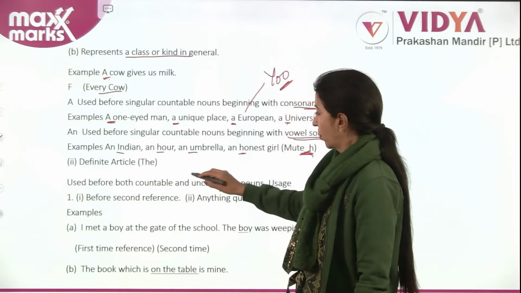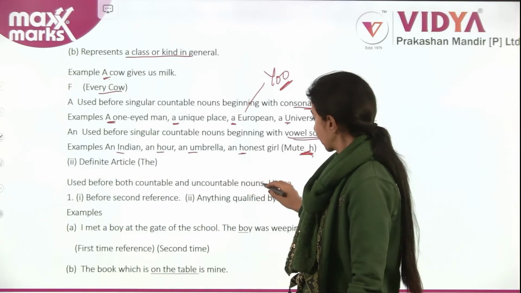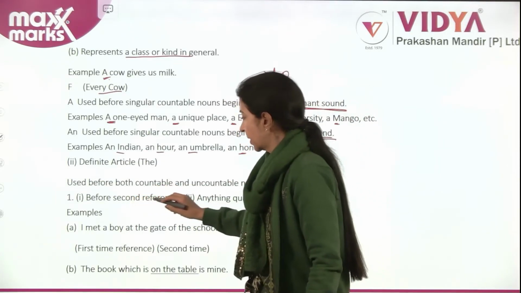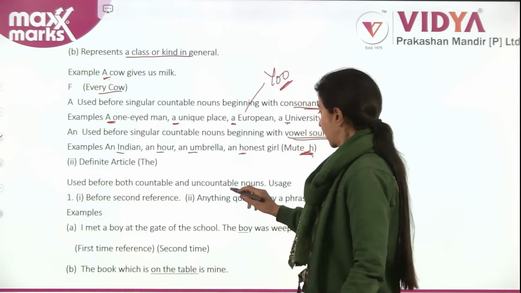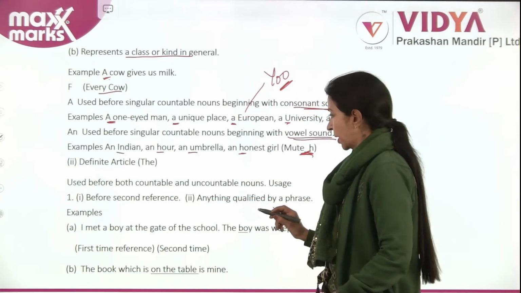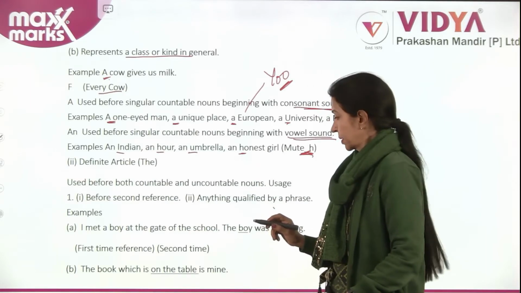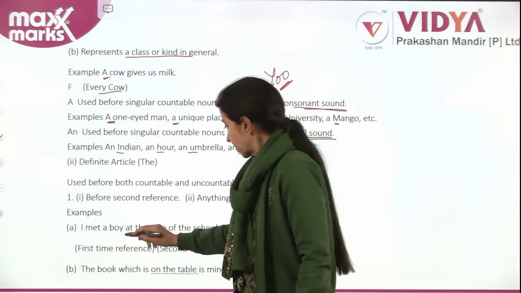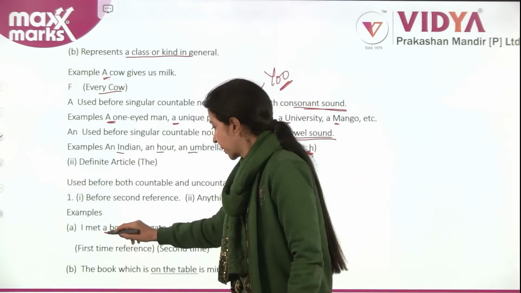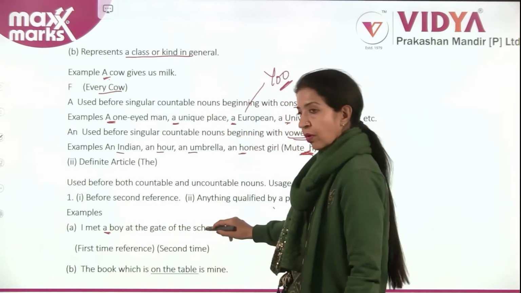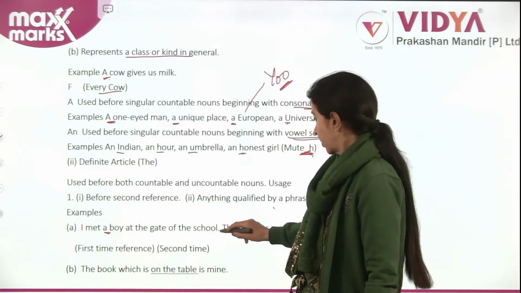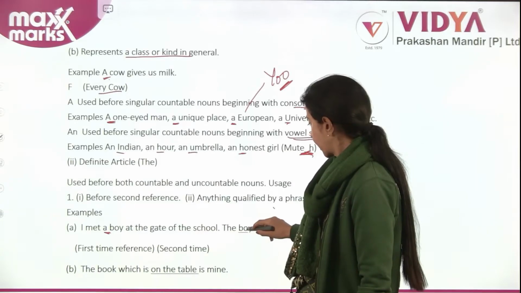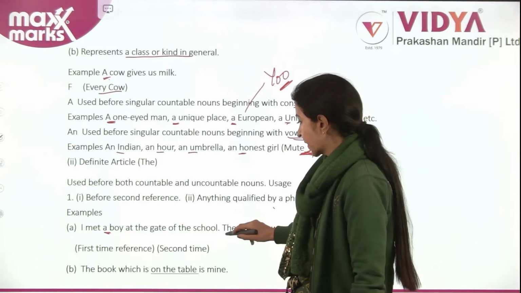Definite article the. Used before both countable and uncountable nouns. Usage: before second reference, and anything qualified by a phrase. Examples: I met a boy at the gate of the school. The boy was weeping. First time reference.